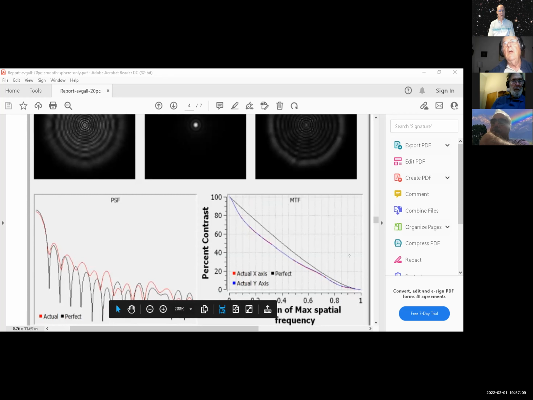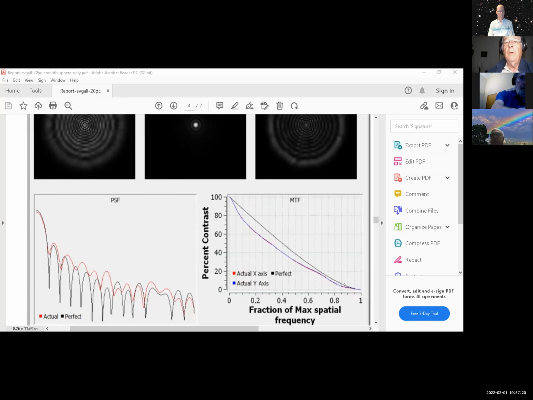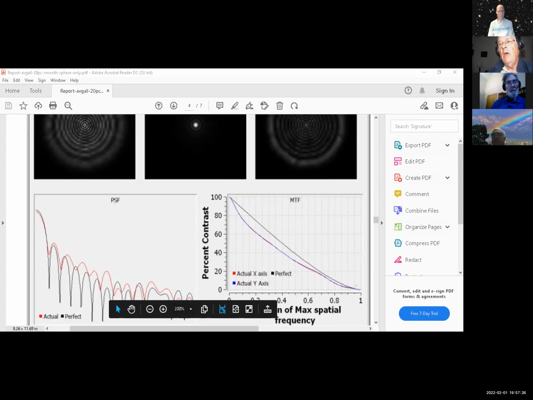Okay. Really cool. The modulation transfer function shows you what you're likely to see with planetary objects. This is low frequencies, large things, and this is high frequencies. And as you can see right here, at the highest frequencies, I have very good performance, and then it starts going down like this.